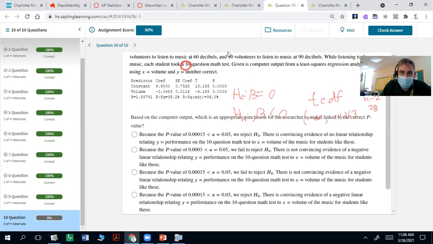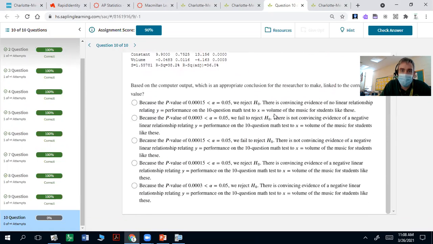Let me clear this out for a second. Because the p-value of 0.00015 is less than alpha, we reject the null. Well, we want to reject the null if it's less than alpha, right? So first thing is we're going to look for the ones that reject the null. So we can click out the fail to reject. It's smaller. But now we have 3 of them that have different p-values, right?